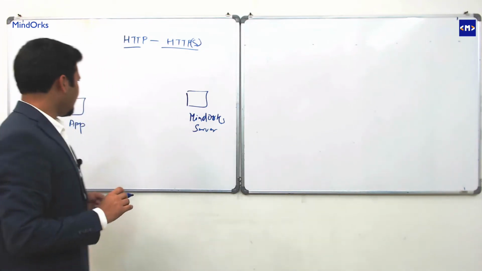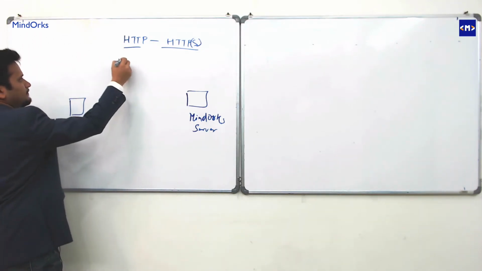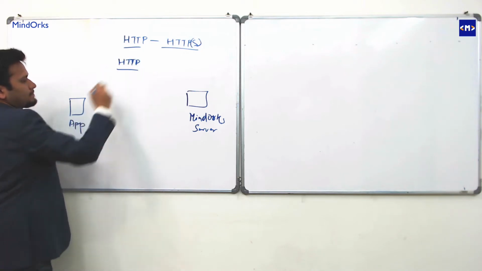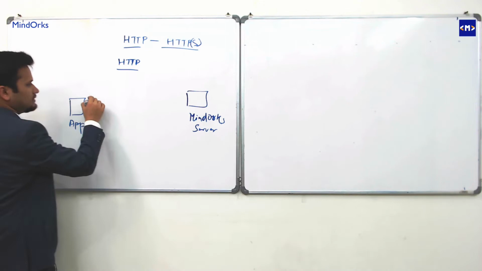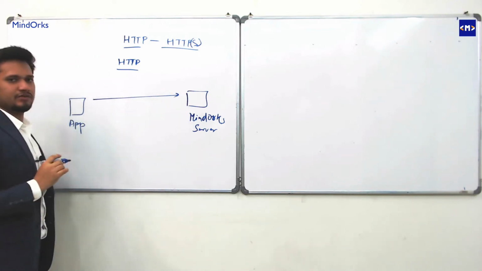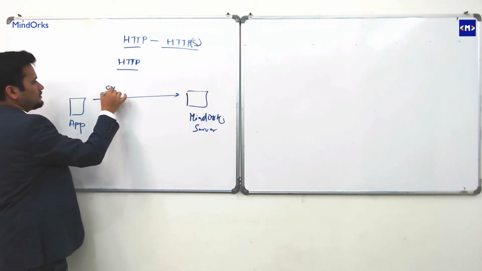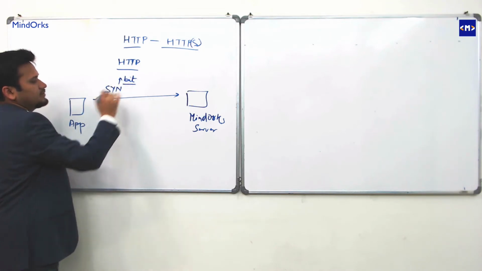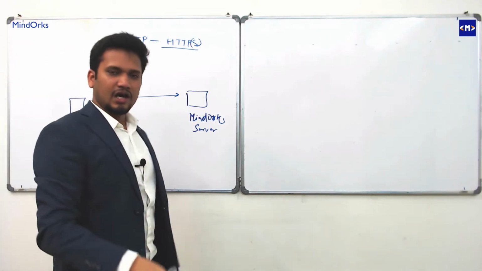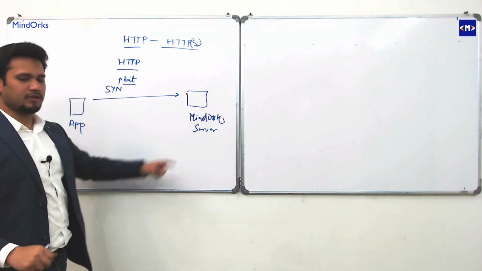Now in HTTP, what will happen is I will first send something to the server. This is called sync bits. Okay, these are bits, zeros and ones information. I will send it to the server.